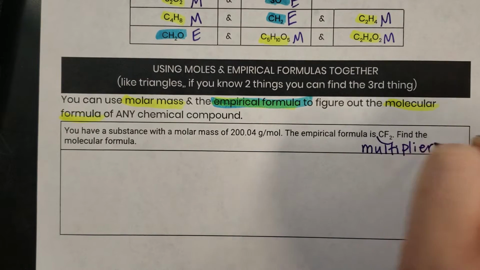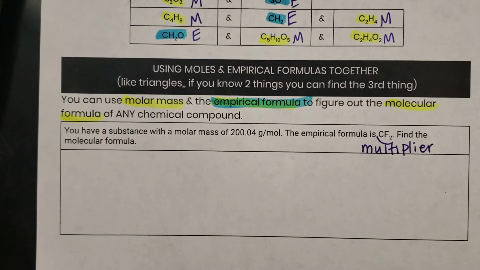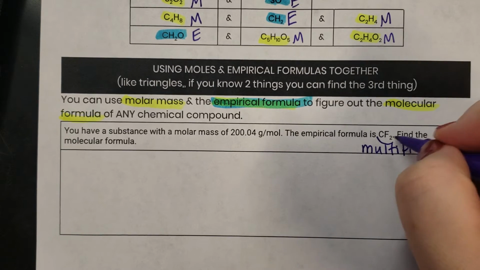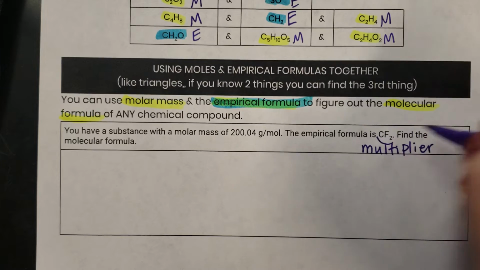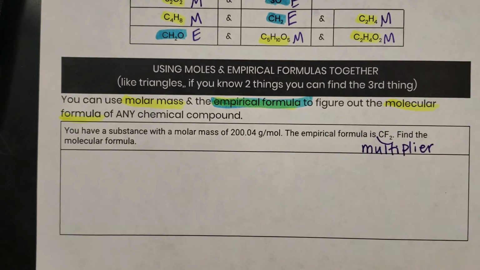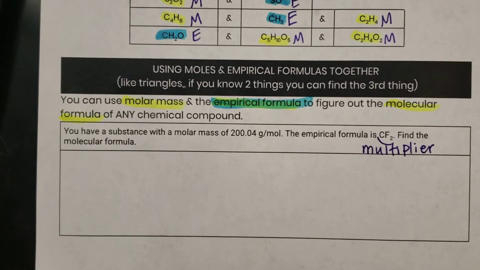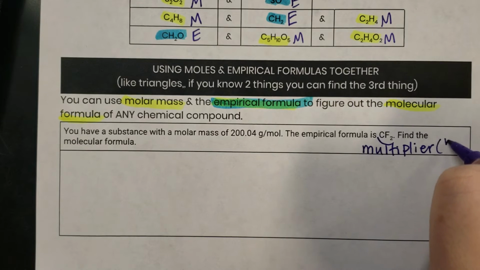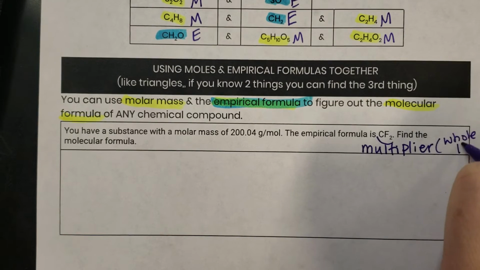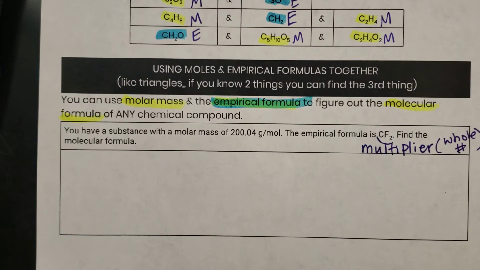It's going to be a whole number, not a decimal, of what we need to multiply this times that multiplier to get your molecular formula. Again, it has to be a whole number. In the lab that you are going to do, weighing something exactly is very difficult. So you're going to need to be able to round up to the whole number for your multiplier.